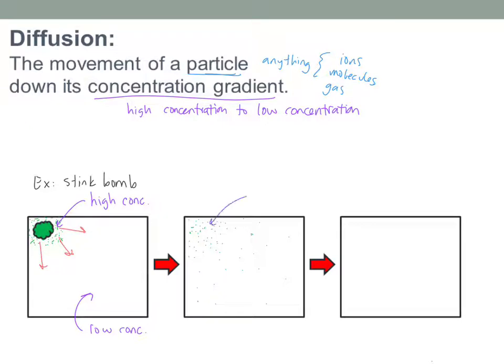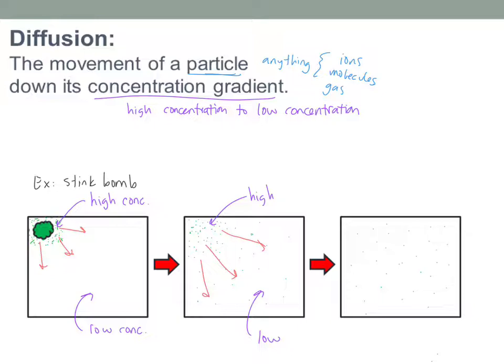This area would still be relatively high concentration, where it might smell the worst, but relatively low concentration over here. It's still going to move down its concentration gradient, still spread out, still move through the room. And then eventually there is no longer a high concentration area and a low concentration area.